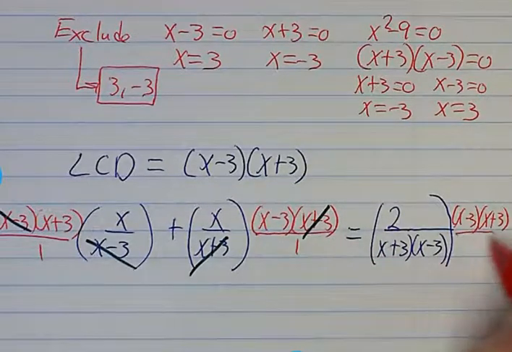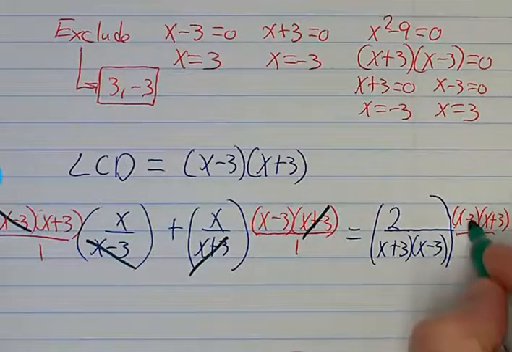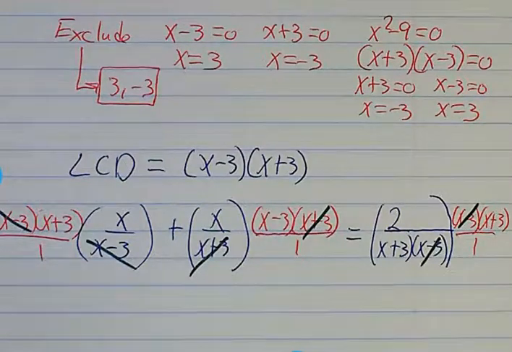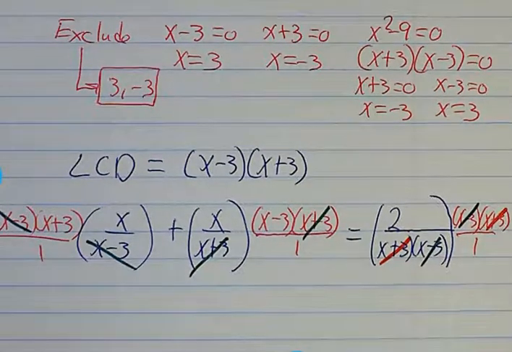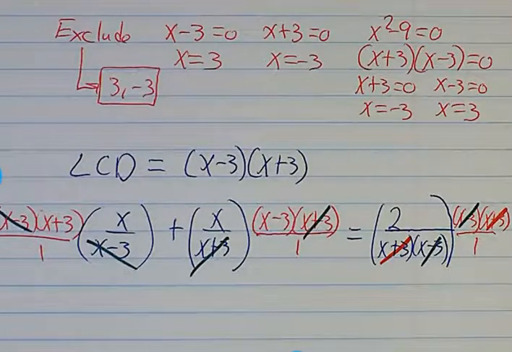Again, we'll put those over 1, just to hold them in place. That x plus 3 will cancel that x minus 3. And that x plus 3 will cancel that x plus 3. And when you get finished, there shouldn't be any fractions left over. It should just all be whole numbers.